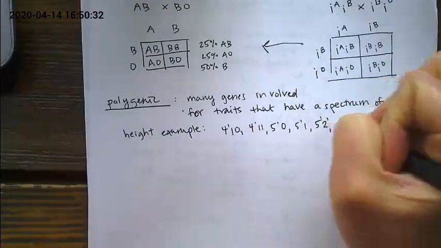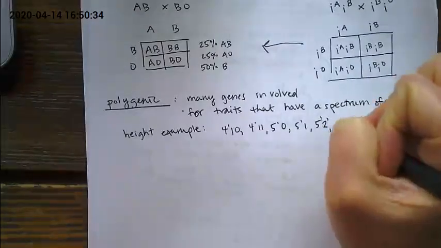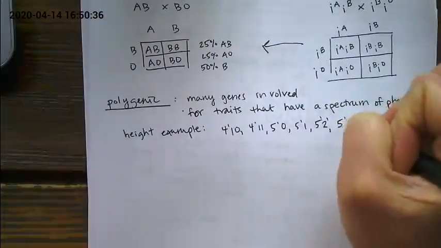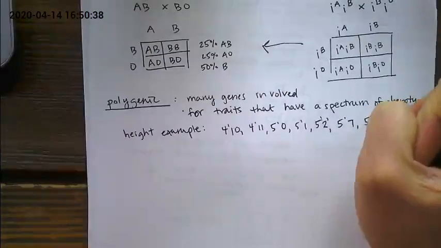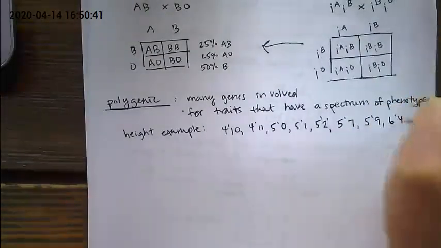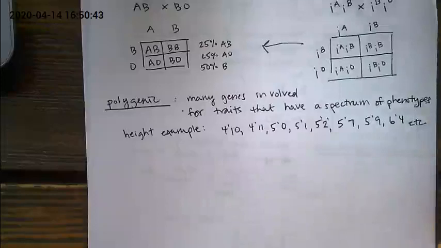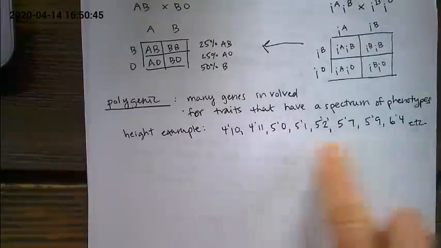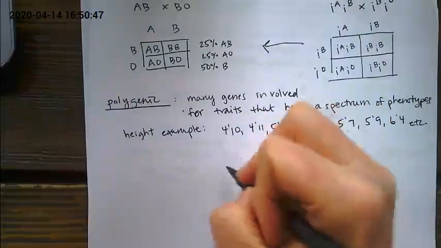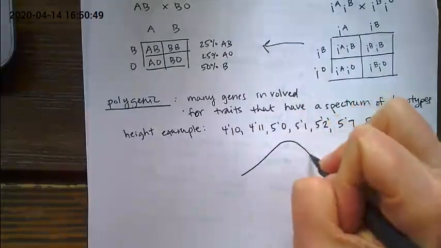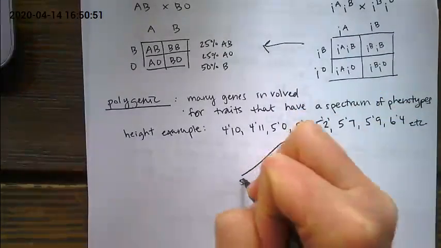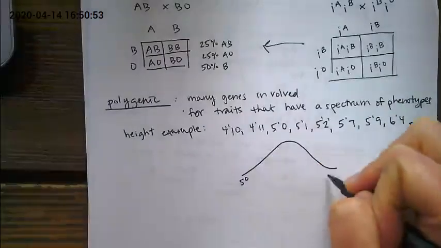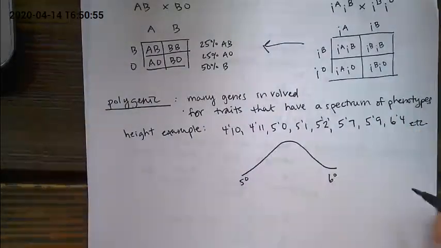Ooh, I did that one wrong. You could be 5'7", 5'9", 6'4", etc. So we have a bunch. This is a whole spectrum of heights, right? And it gives us this bell curve. We'll say 5 foot down here, and 6 foot up here.